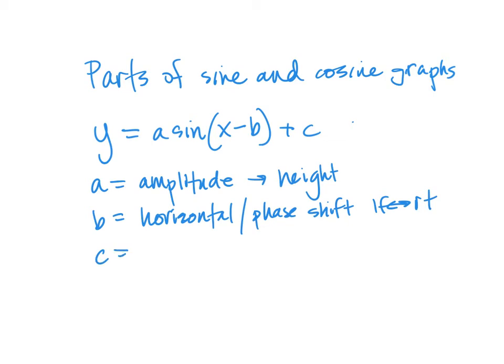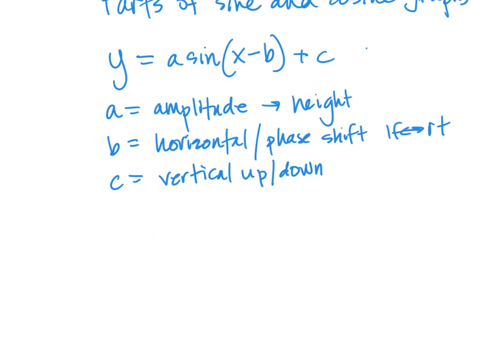And the C is our vertical shift, which is our up and down. And now the other thing we want to identify is something called the midline. This is basically the quote-unquote axis that the values are going to be starting at when things are 0.